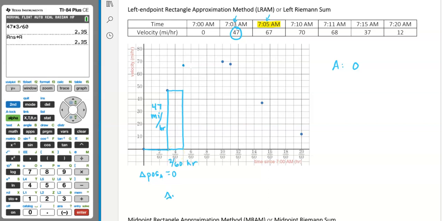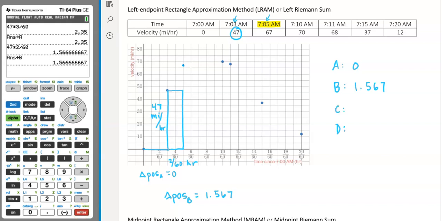So delta position B is 47 times 2/60ths. And we'll store that in alpha B. Go ahead and repeat for C, D, E, and F, and see what you get for the left Riemann sum approximation to the area under the velocity curve.